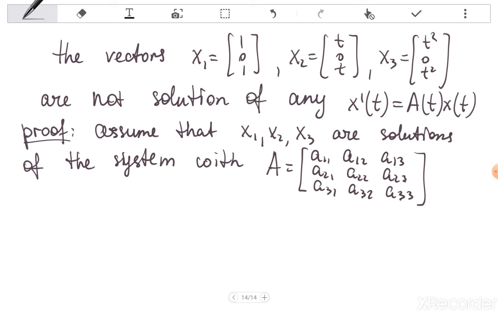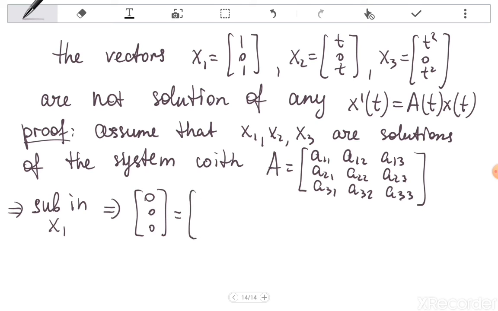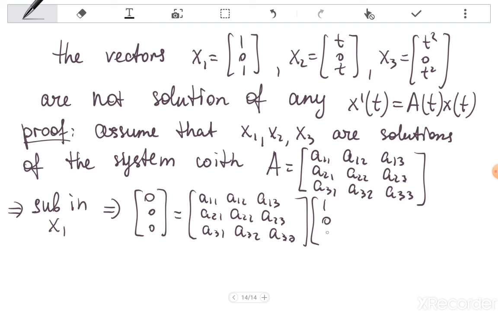So what does it mean? It means that x1 satisfies the system, right? So if we substitute x1, what do we get? The derivative of 1 is zero, so we get the 0 vector here. The matrix A times the vector (1, 0, 1).